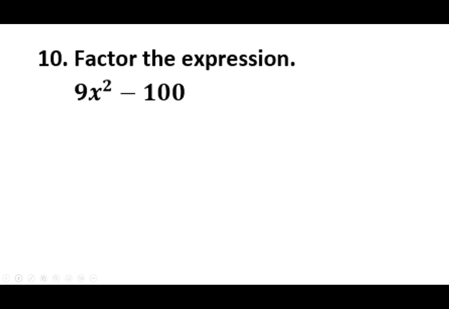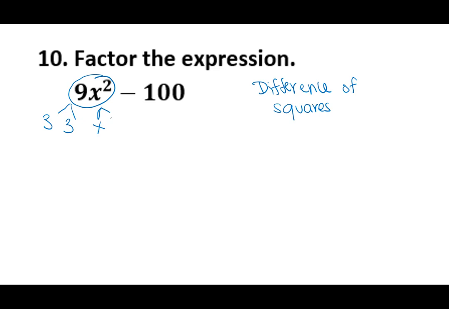Number 10, factor the expression. Remember, this is called a difference of squares. What's the square root? So 3 times 3, this one's x times x, or this is 3x times 3x.